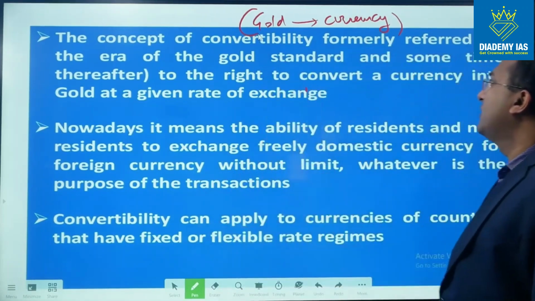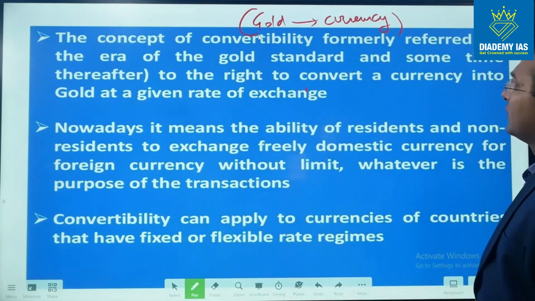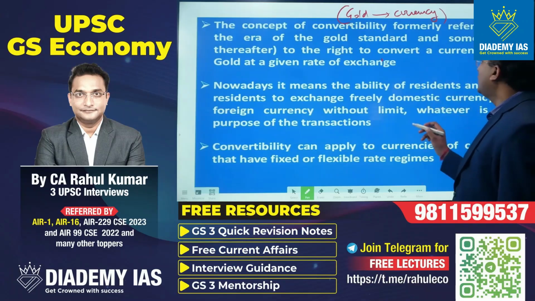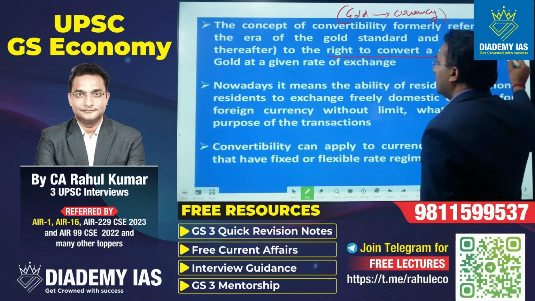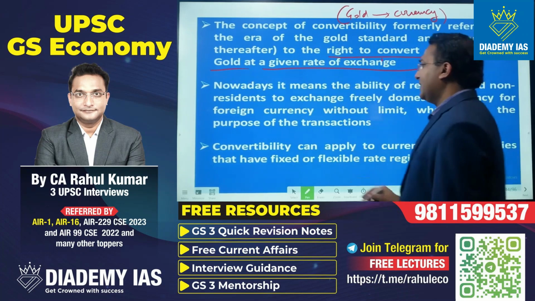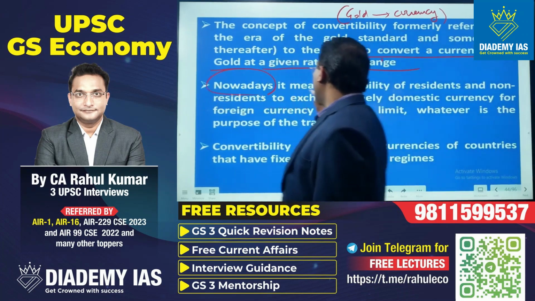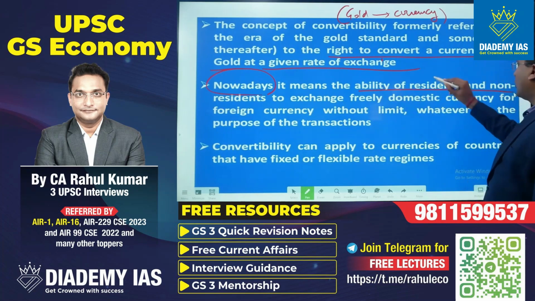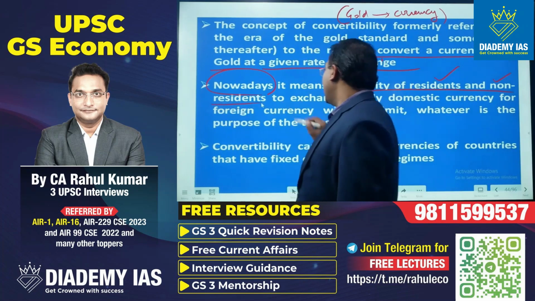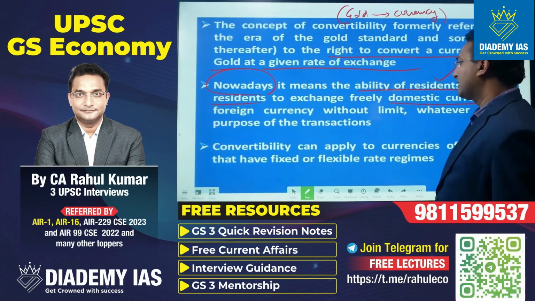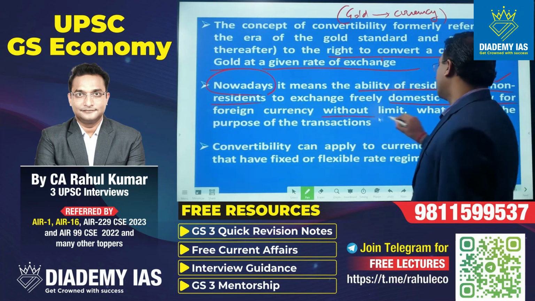So the concept of convertibility, formally referred to in the years of the gold standard and sometime thereafter, was the right to convert the currency into gold at a given rate of exchange. Nowadays, it means the ability of residents and non-residents to exchange freely the domestic currency for foreign currency without limit.